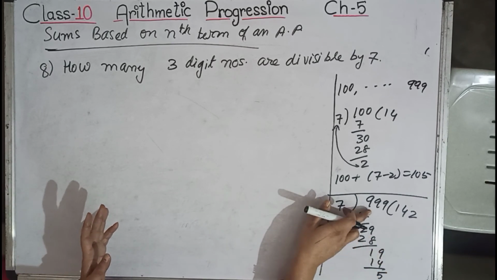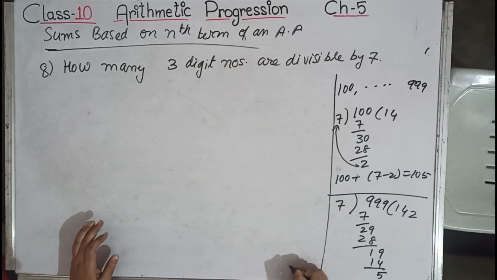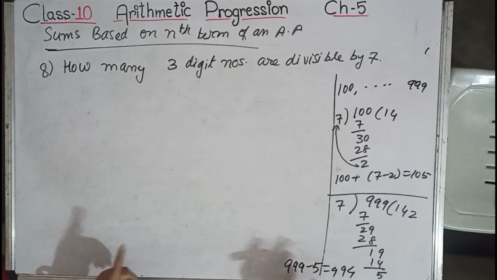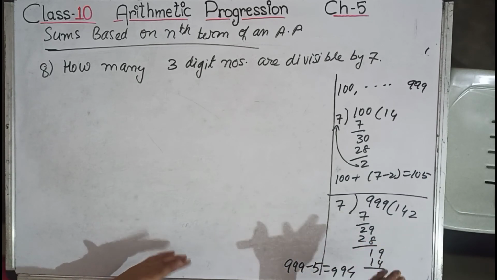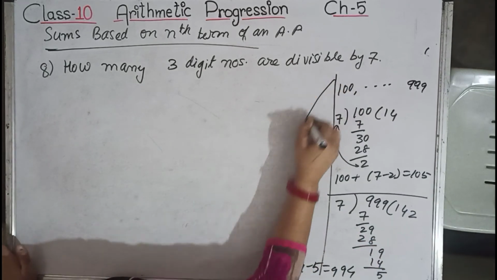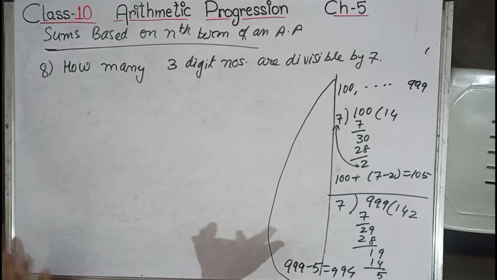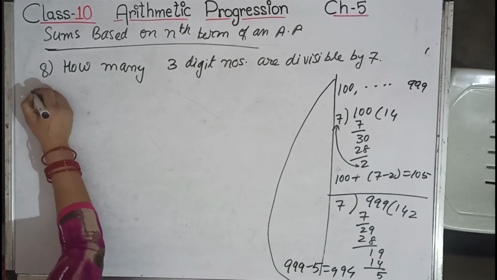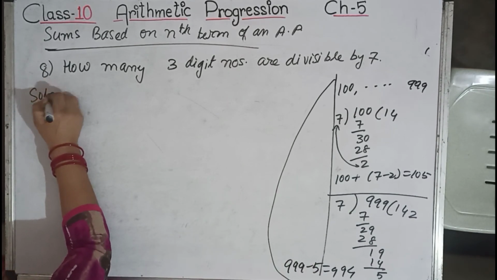So here I will follow the subtraction method. So 999 minus 5 will be equals to 994. So 994 is the last 3-digit number divisible by 7. So this all should be in your rough column or in your mind. So we will start with the solution.